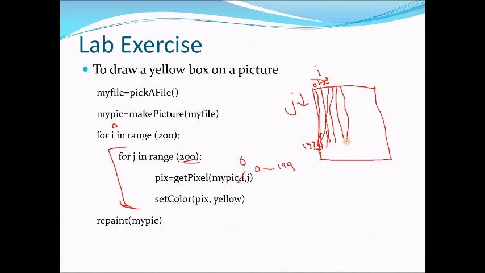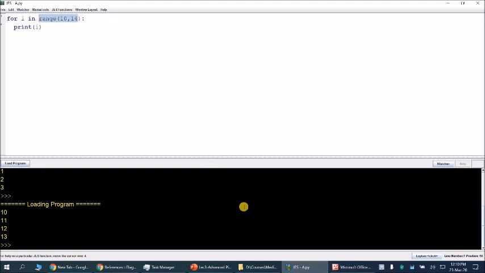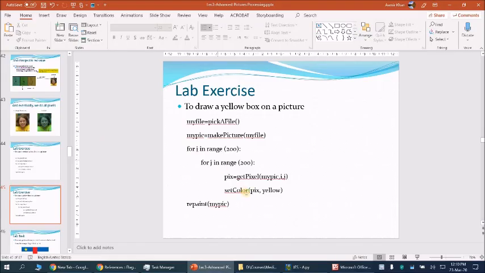What do you think will happen? It will make a box on the picture. Clear? So let me show you. Let's take this code and draw it on the JS. Let me copy it.